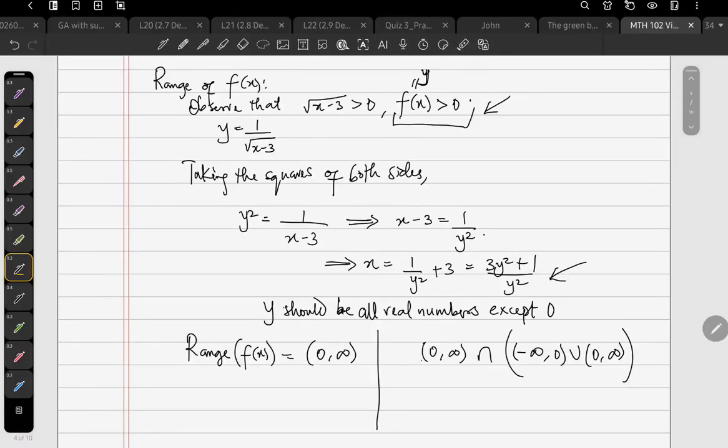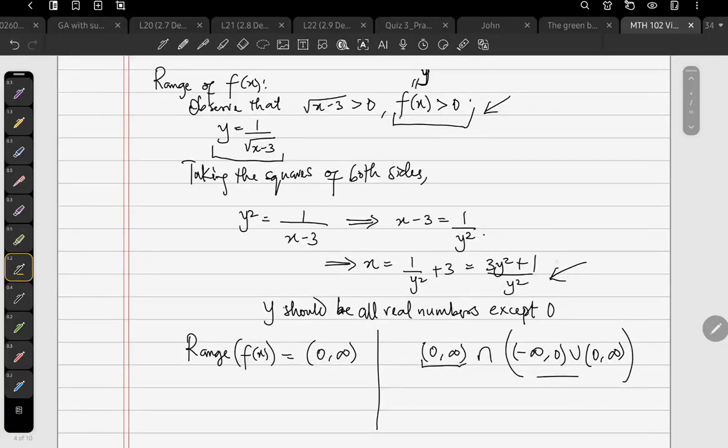We got the first part from analyzing the function itself. There is no value of x that will give us a negative number, because the square root function will always give us a positive value in its domain. The second part is gotten from using our usual trick of getting the domain of the expression you get when you make x the subject of the formula.